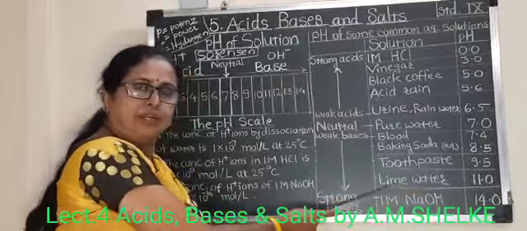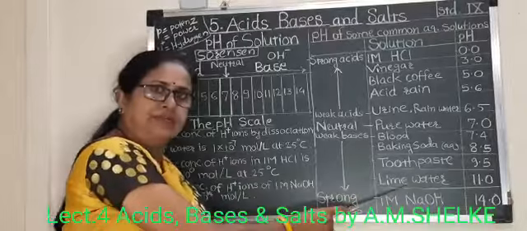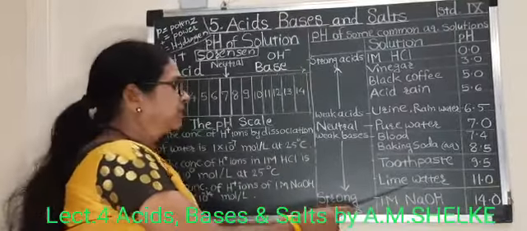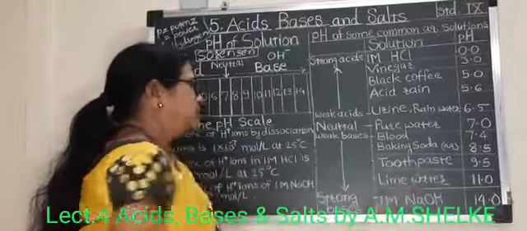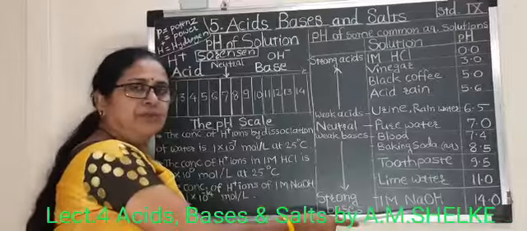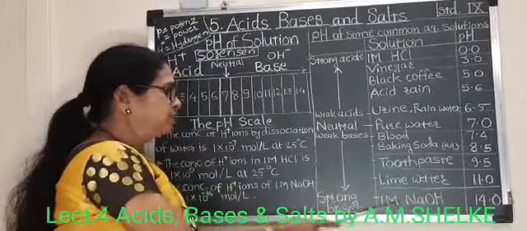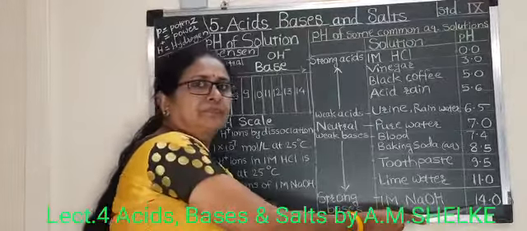Lime water means not lemon water. Lime water means calcium hydroxide in aqueous form. It has a pH of 11.0. And the example of a strong base is given: sodium hydroxide of 1 molar solution. It has a pH of 14.